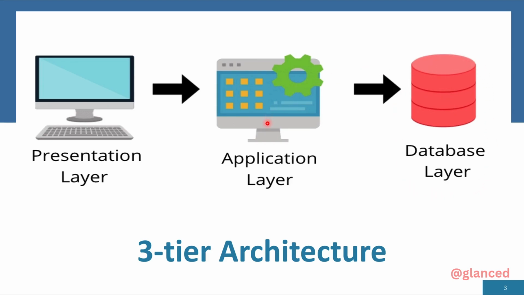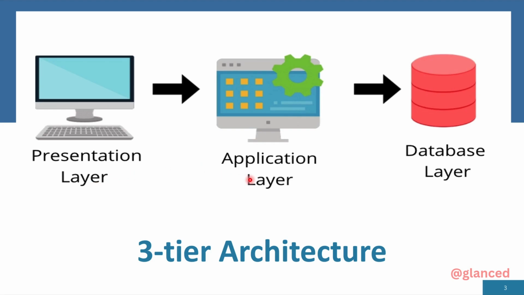How this application layer will interact with the database layer is they use SQL language in order to communicate with the database layer. So in the presentation layer, which is also known as the front end, in order to create this layer, they will use technologies like HTML, CSS, JavaScript, React, Bootstrap, and so on.